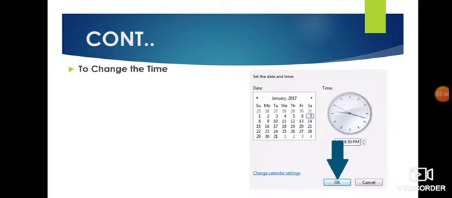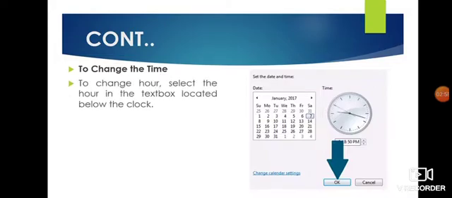To change the time, see here at the bottom of the clock there is one text box. To change the hour, select the hour in the text box located below the clock. As shown in the text box, you can write as per your choice through the keyboard, or you can just move the timer up and down.